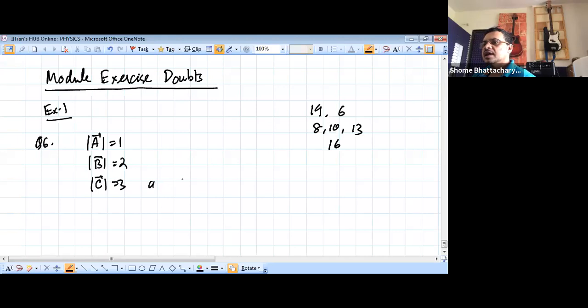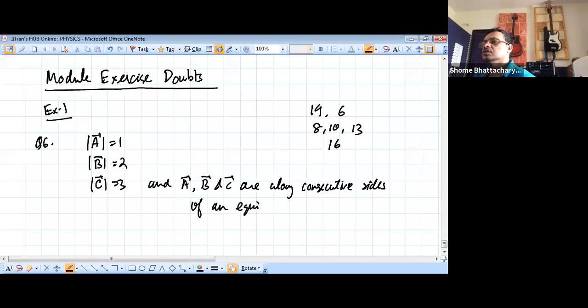Okay. And the vectors A, B and C are along the consecutive sides of an equilateral triangle. Okay. So we have to find this.